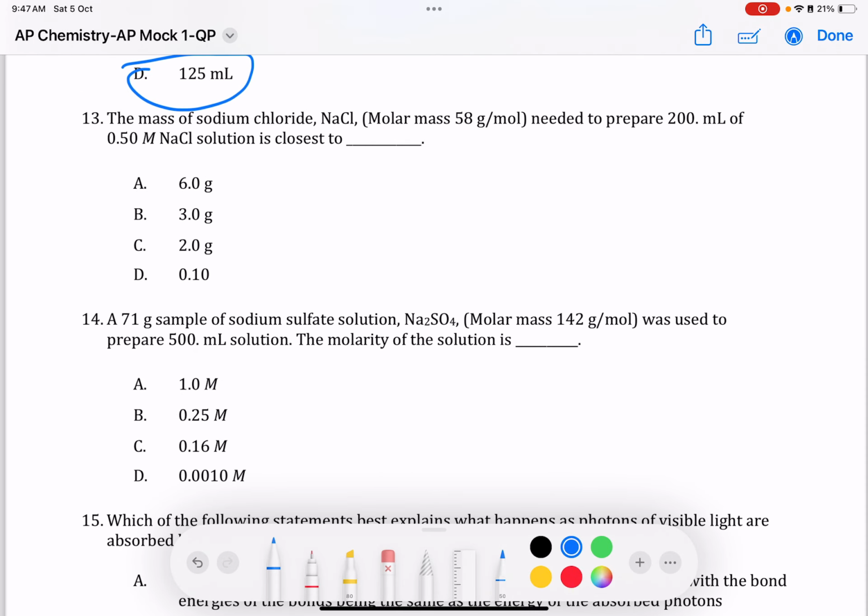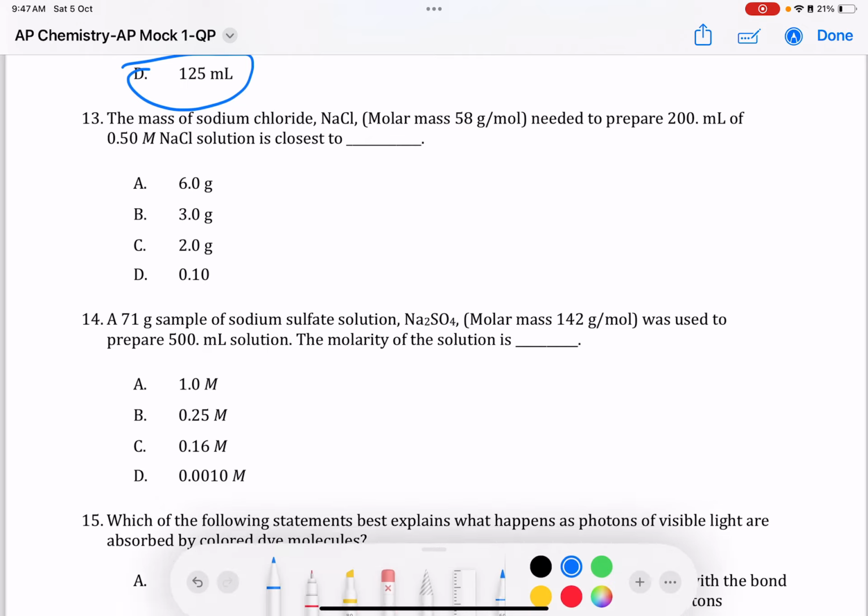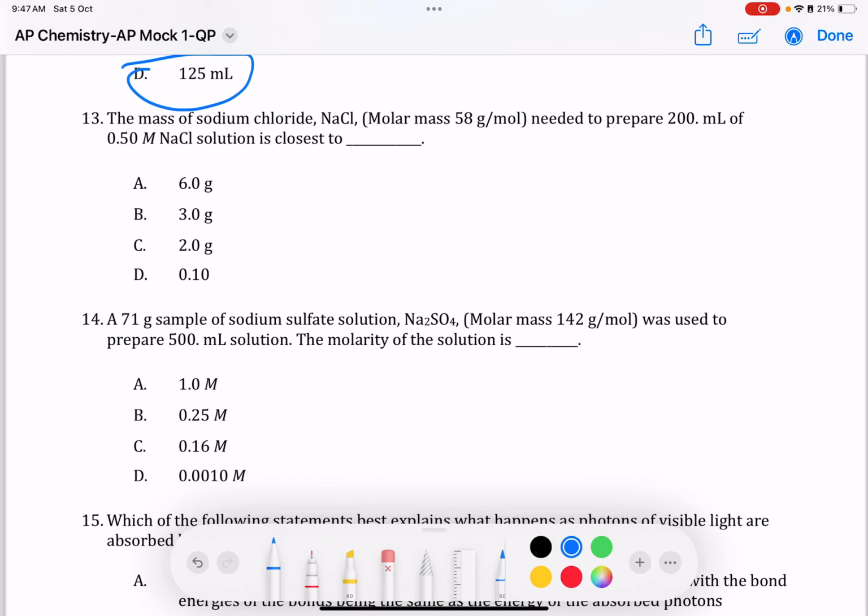Moving on. What's the mass of sodium chloride, NaCl, needed to prepare 200 milliliters of a 0.5 molar NaCl solution? In your formula sheet, we need to consider these formulas, the mass over the molar mass, and here we are doing some preparations.